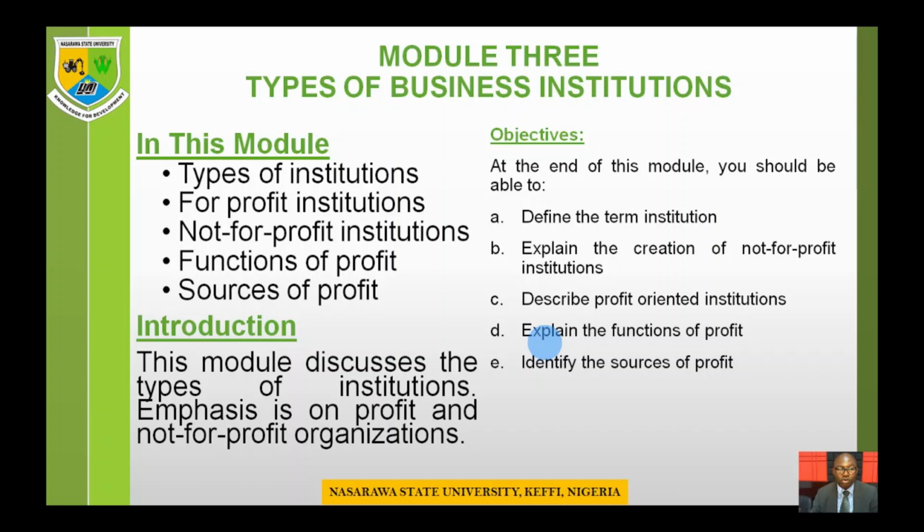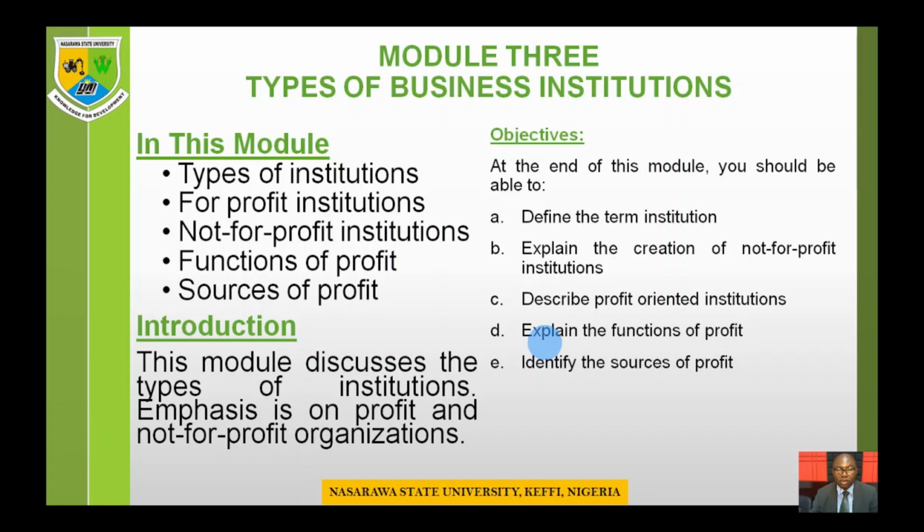In this module, we are going to consider types of institutions: for-profit institutions, not-for-profit institutions, functions of profits, and sources of profits.